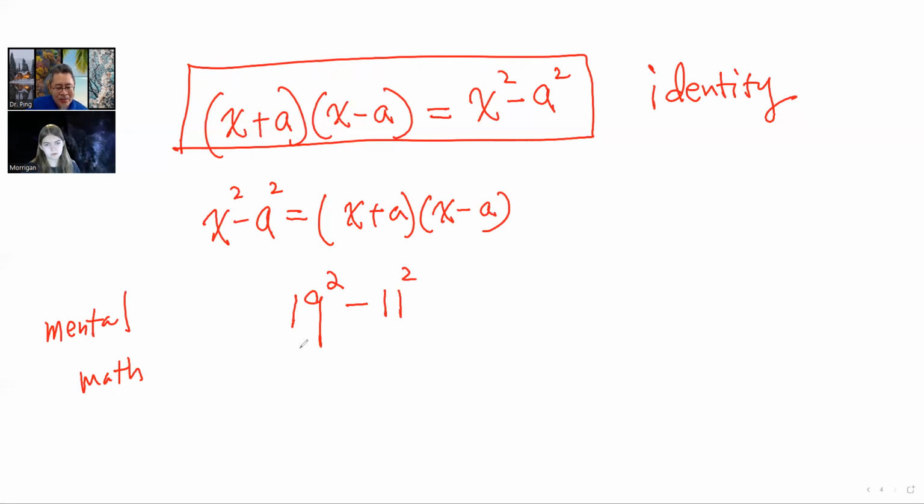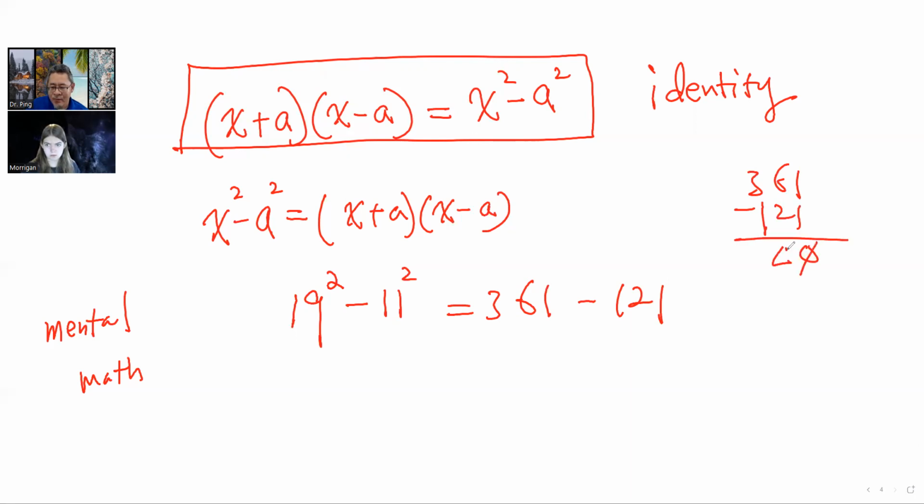Now we can either just find 19 squared, then find 11 squared, then we subtract. So we can do 361 minus 121, and that is 240.